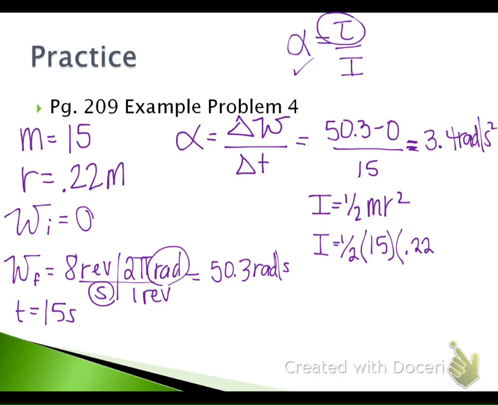Its radius, remember, we found to be 0.22, and we'll square only that 0.22. The entire term does not get squared, only the radius gets squared. So make sure you make a differentiation with that. Only the 0.22 gets the square here.